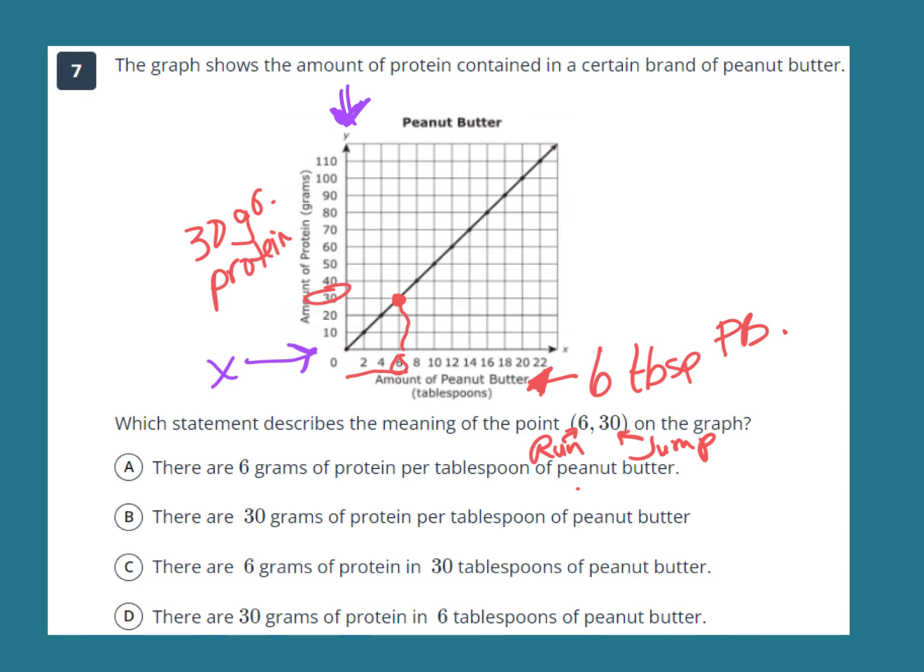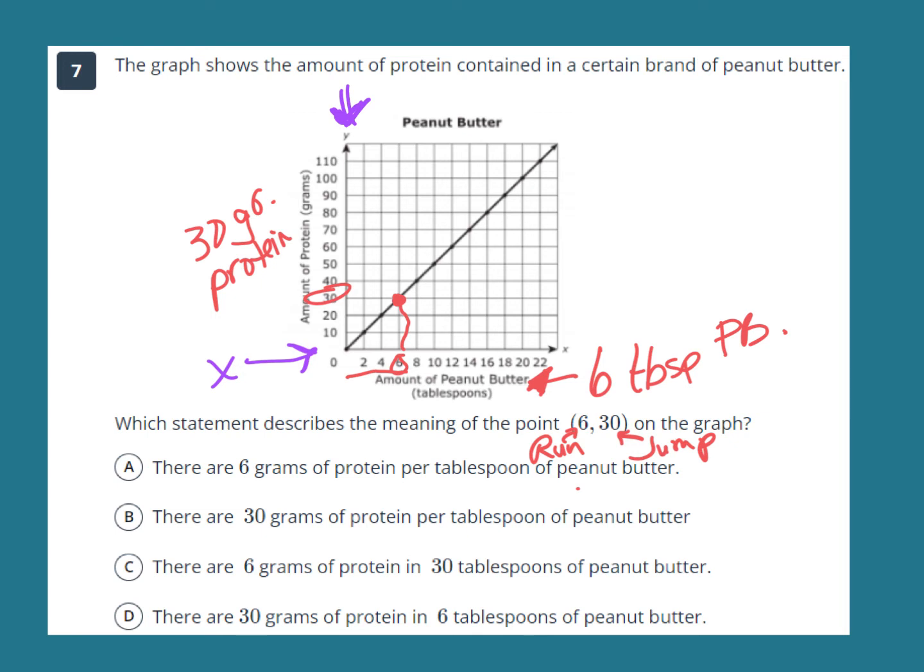We know lots of names for unit rate, don't we? Yes, we do, Mr. Silva. Constant of proportionality, scale factor. Oh, we've done so much with this. So this is also k. Remember that?